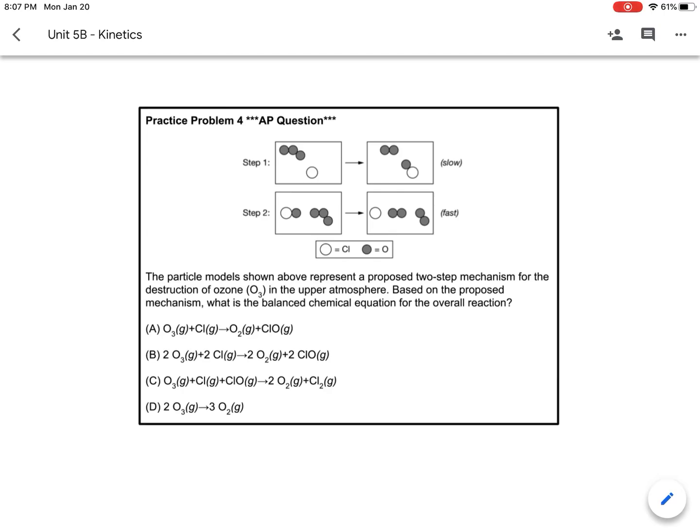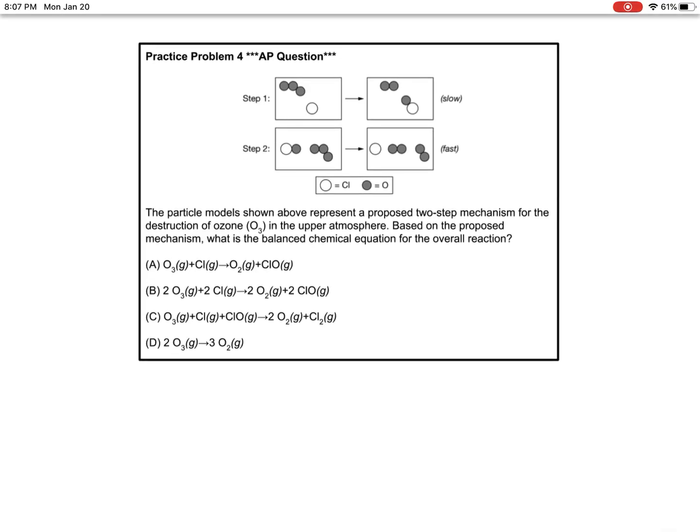And then at the end of step 2, we produce 2 more molecules of O2. And we don't consume O2 at any point in this reaction, so we do in fact produce 3 moles of oxygen gas. So that is it for practice problem 4. The correct answer is D. We do not include the catalyst chlorine, and we do not include the intermediate chlorine oxide.